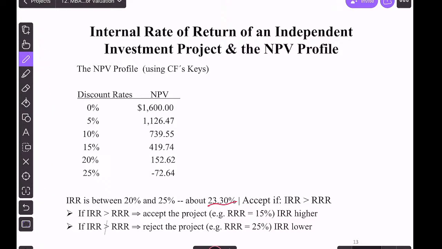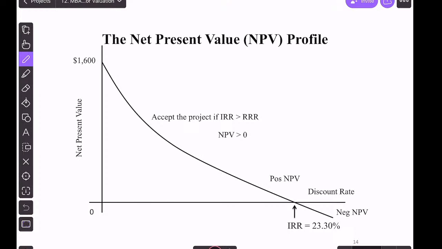And what does it mean? Here is a graph depicting net present value on this axis and different discount rates that go into the formula on this axis.